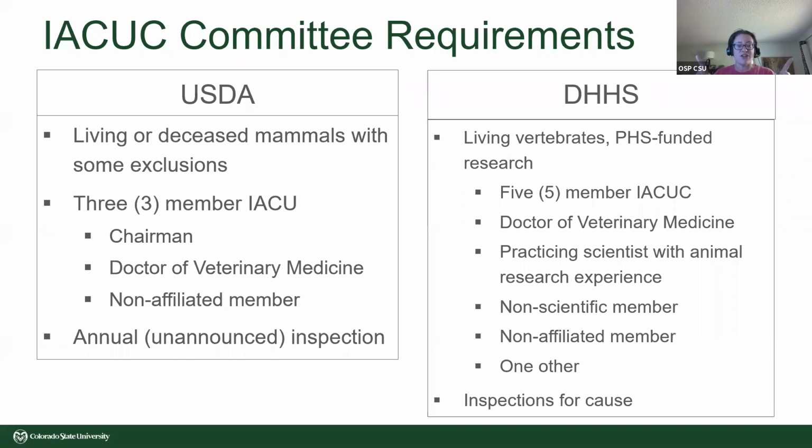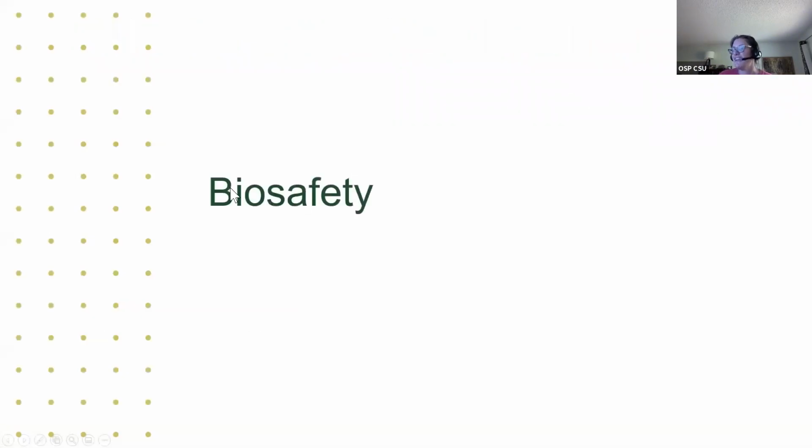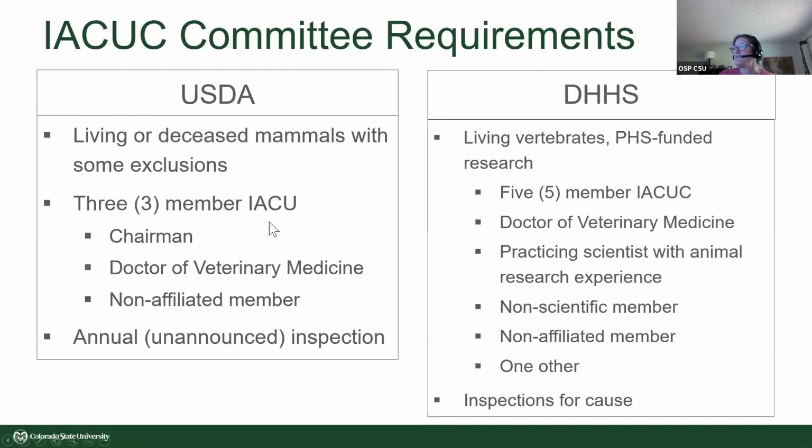Also, the next thing to note, the differences on the slides, is that the membership of the IACUC varies according to the two agencies. So with USDA, sorry, I left a C off here, the 3-member IACUC has to have at least a chairman, a doctor of veterinary medicine, and a non-affiliated member, meaning not affiliated with your institution.